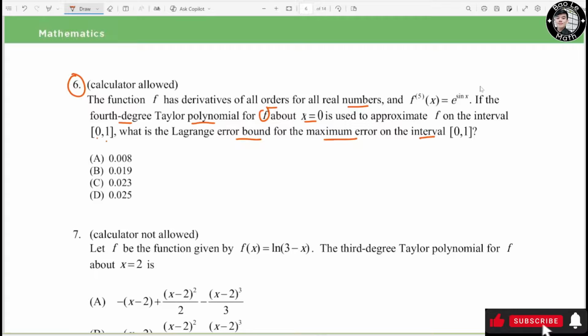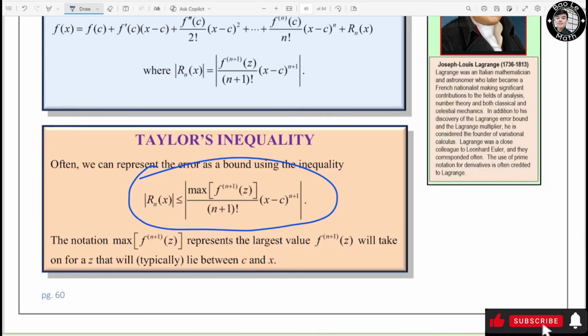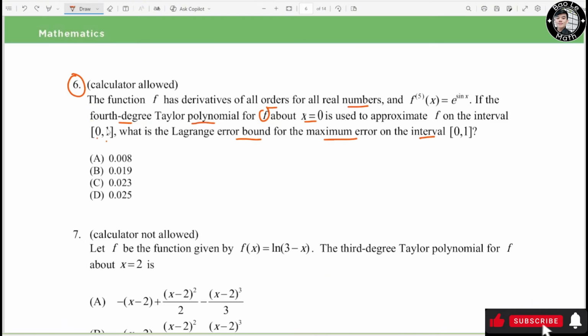Since this is the non-alternating series, we're going to use the formula right here. And observe that this is the 4th-degree Taylor polynomial for the function f about s equals 0.